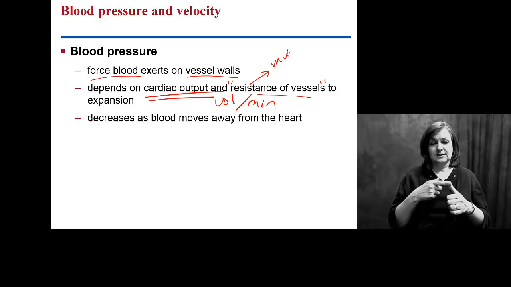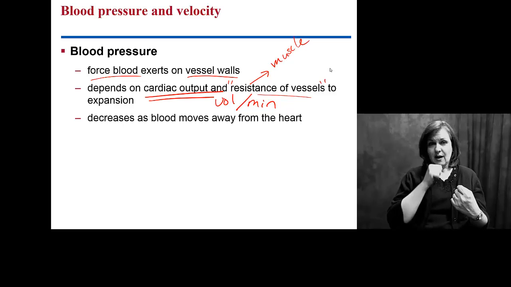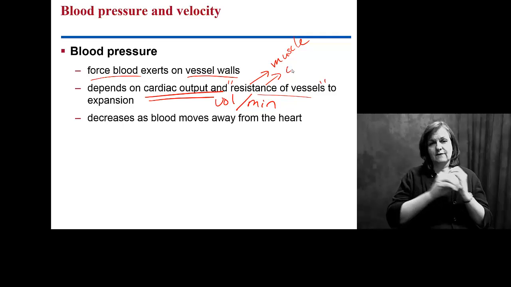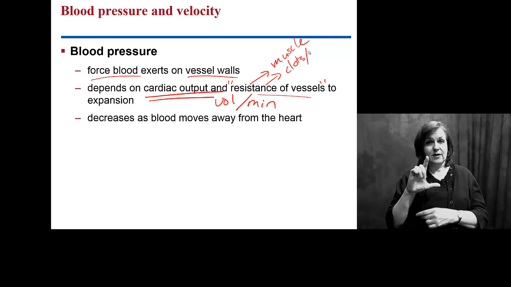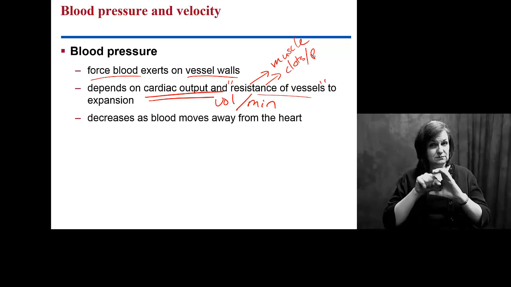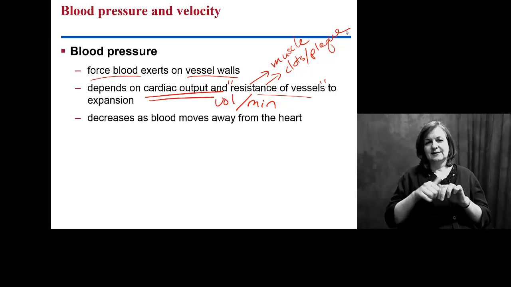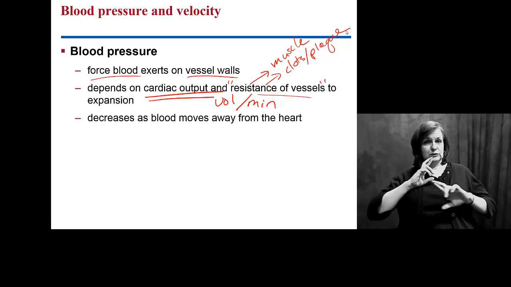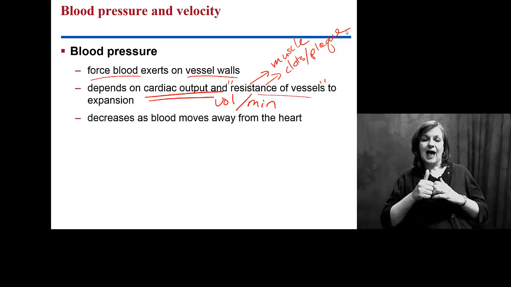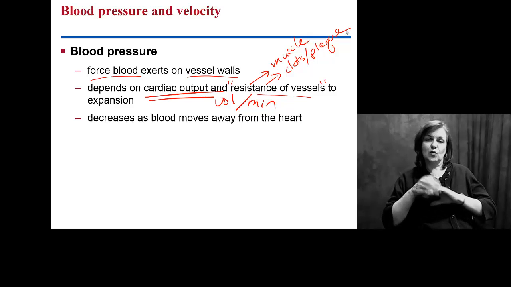What's the muscle like? Is it good muscle tissue inside the vessels? And are there clots or blockages or plaque? That's going to affect how your heart responds to the conditions and how you can force blood through as need be.